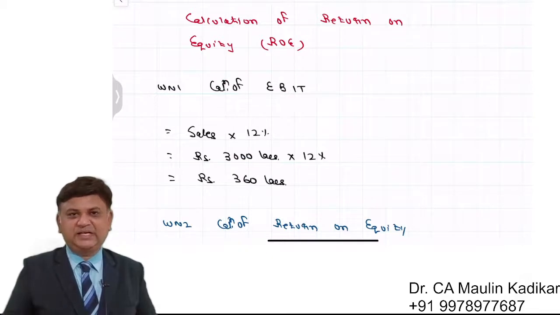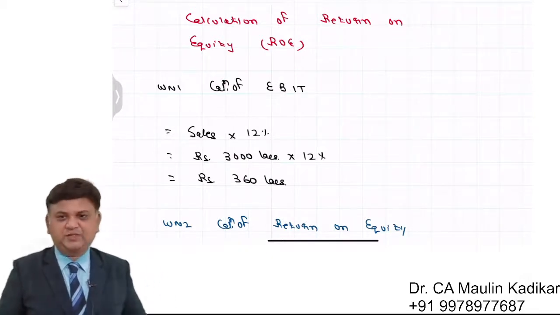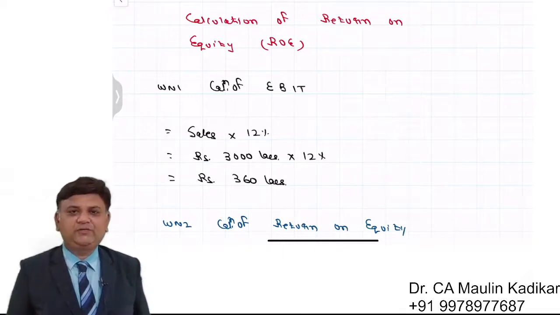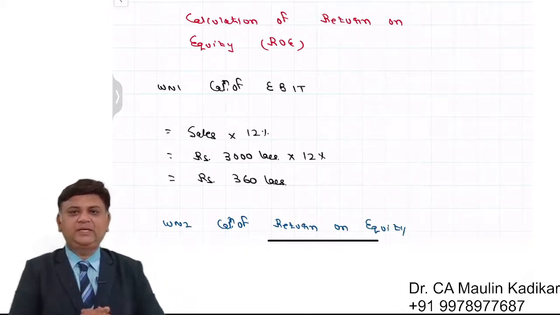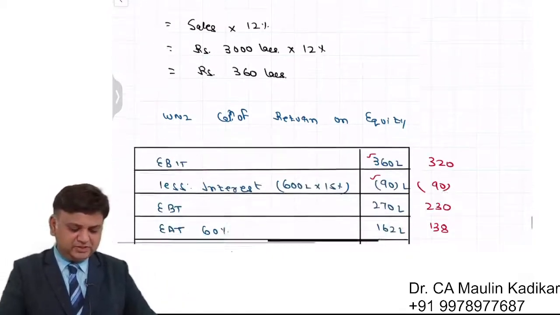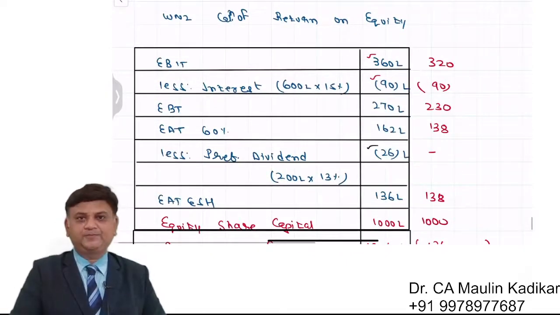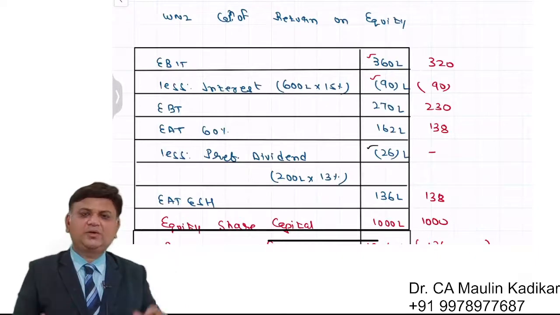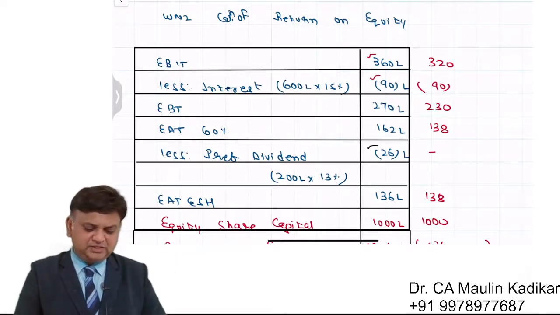So summarizing the entire answer, in the first question we are required to compute the return on equity, in which first of all we compute the operating income. It is sales into 12%, that is 360 lakhs. Then we compute the return on equity using the normal concept of ratio analysis.